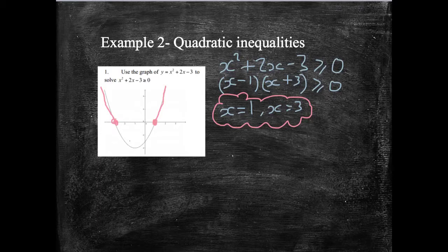I'm going to have to say that x is greater than or equal to 1, and we can see that from over here, but also x is less than or equal to minus 3, and we can see that over here. All these values up here are less than or equal to minus 3. Anything in between minus 3 and 1 gives us a value that is less than 0. So the only answers that I can give are this one and this one.